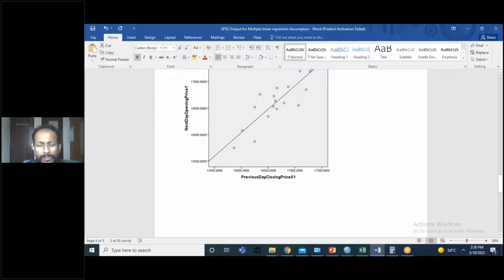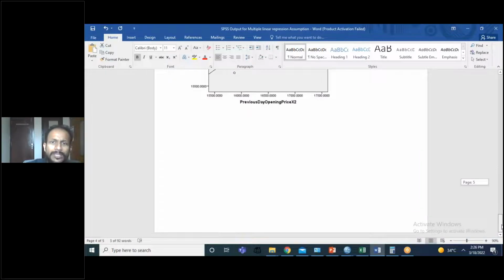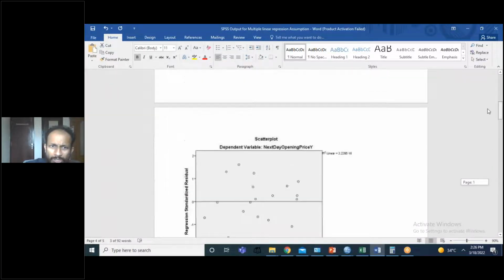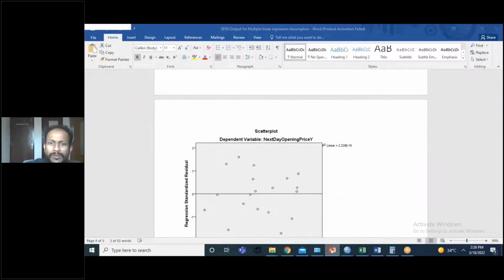We found out that the previous day closing price and the previous day opening price are highly correlated with, or have a positive relationship with, the next day opening price. So all these 5 assumptions have actually been tested.